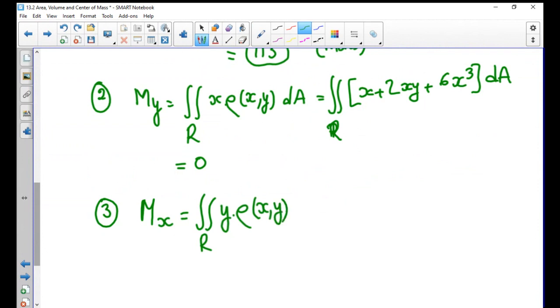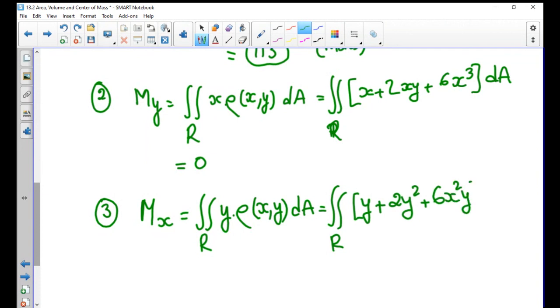So the integral over R of y multiplied by the density will give you y plus 2y squared plus 6x squared y dA, like this.